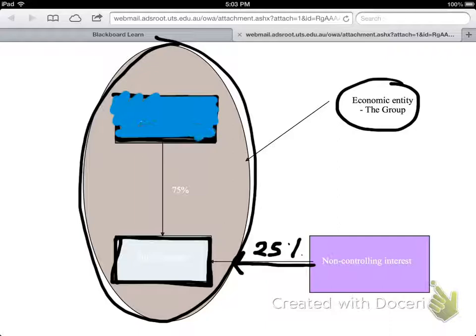So in this example here, the parent has 75% of the equity in the subsidiary. How about the non-controlling interest? Well, what the group needs to show is that, hey, this remaining 25% here in equity is for the non-controlling interest. So that's equity of the group attributable to the non-controlling interest.